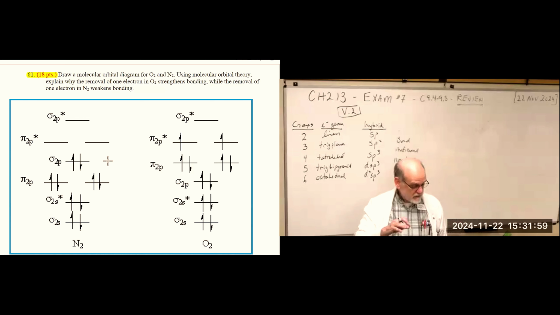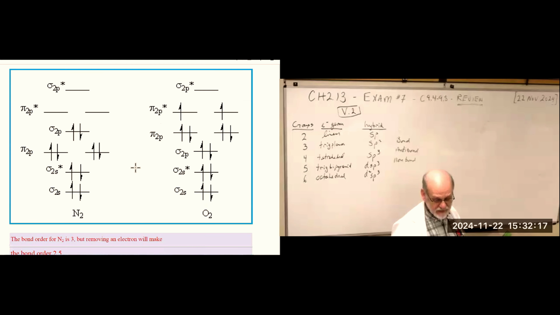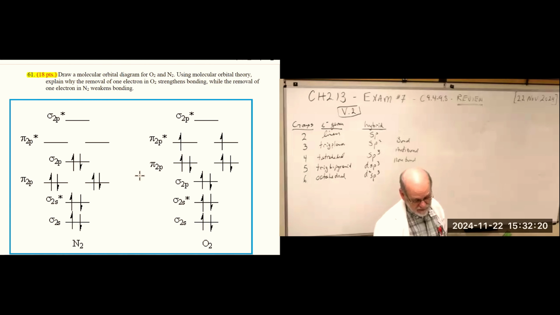And actually, you could do it from memory if you knew the sequence of orbitals, or you can just go, yeah, go here, right here, right there, just duplicate it. But then in the bottom, explain why removal of one electron from oxygen strengthens the bond, and removal of one electron from dinitrogen weakens the bond.